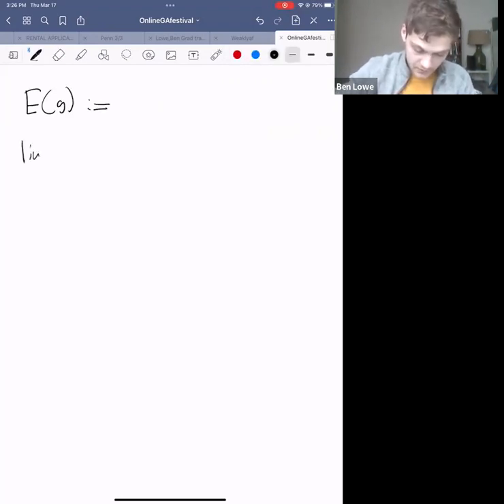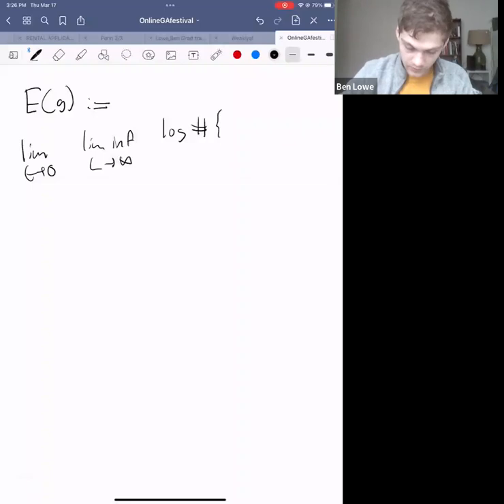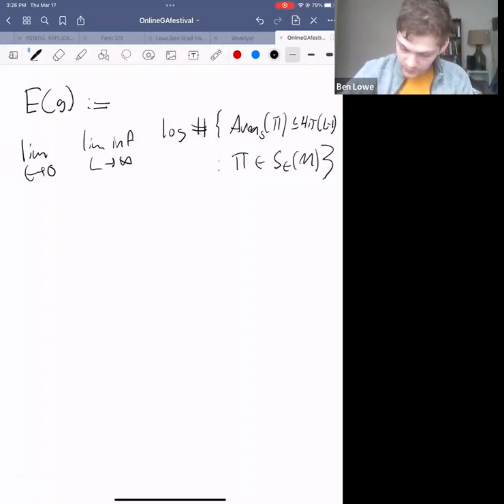So this is just going to be the limit as epsilon goes to 0 of the log of the number of surfaces with area less than 4 pi times L minus 1 in S epsilon of M. So the size of this set, and then we divide this whole thing by L log L. Sorry, it doesn't quite fit on this line.